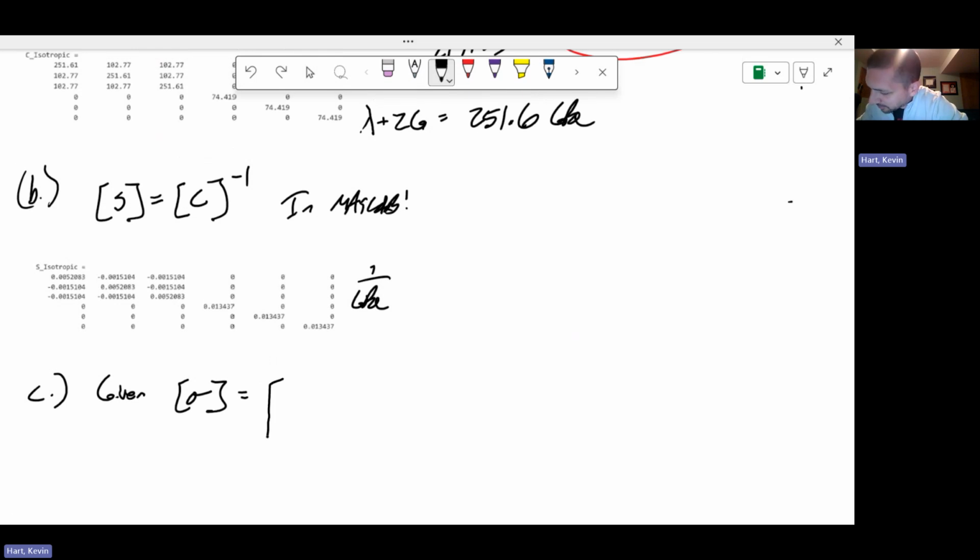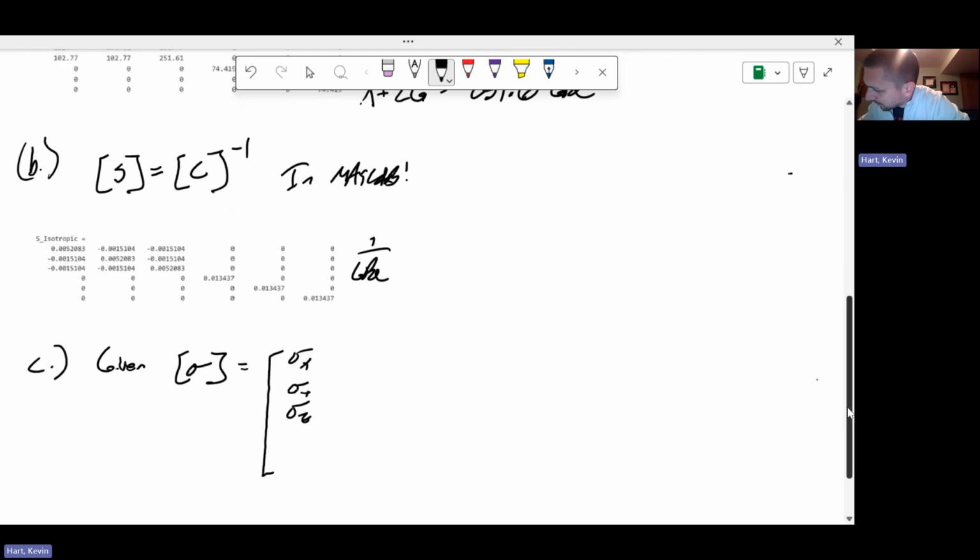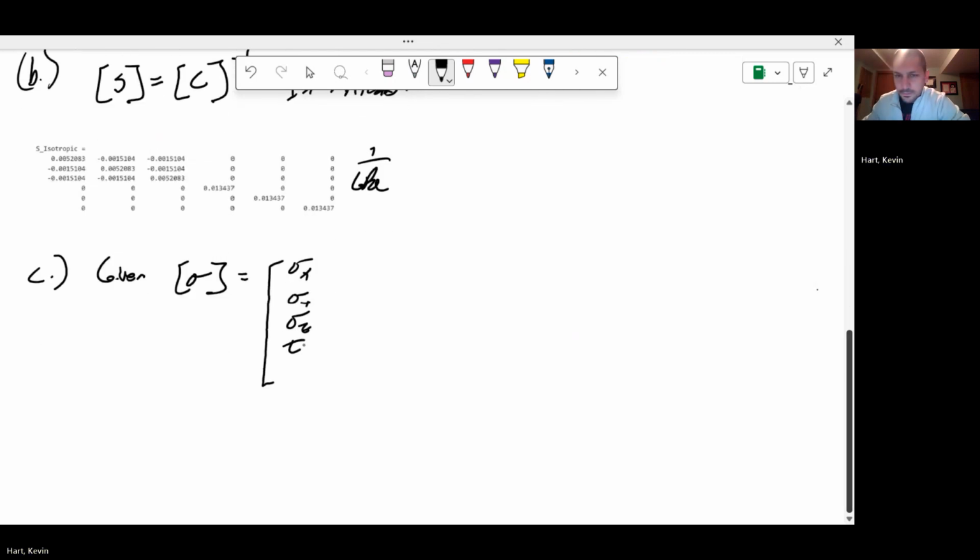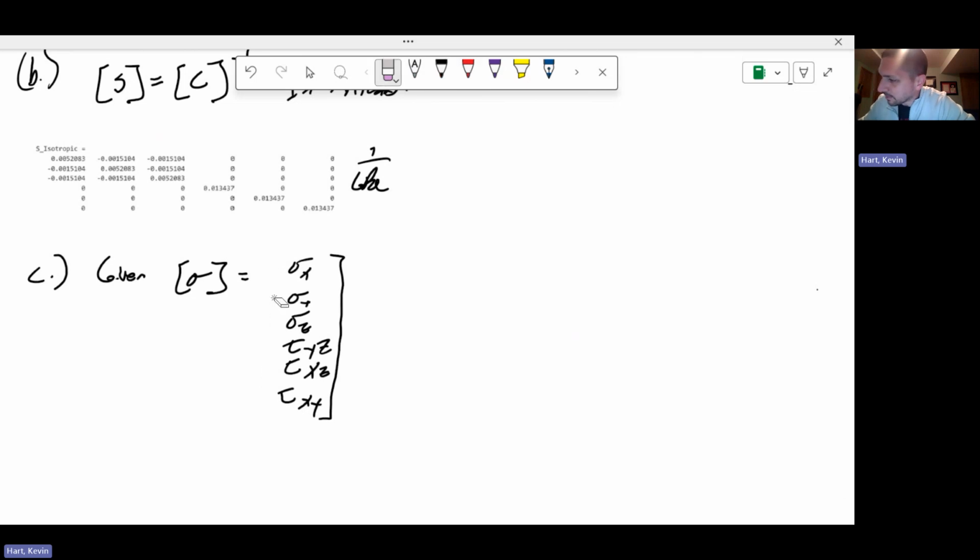So let's just put in our stress vector here. Our stress vector, remember, is sigma x, sigma y, sigma z, and then we have tau yz, xz, xy. So that's your 6x1 stress vector.